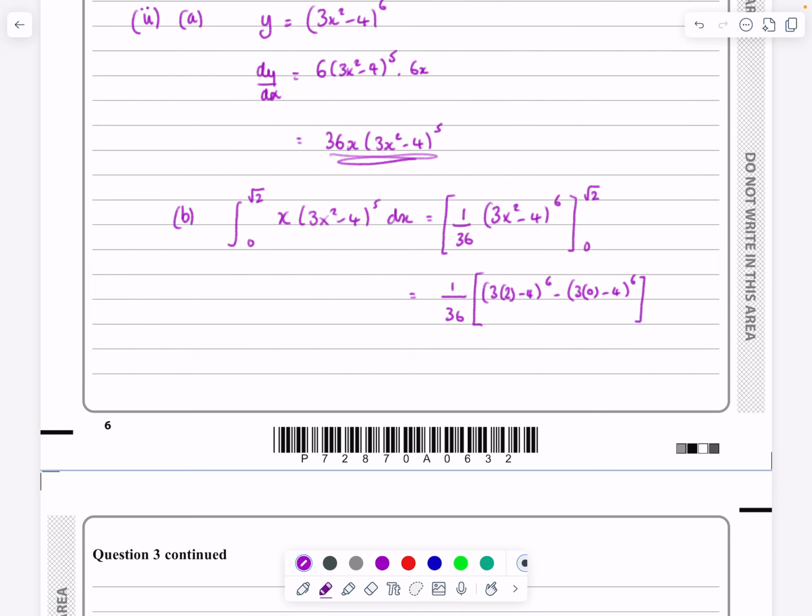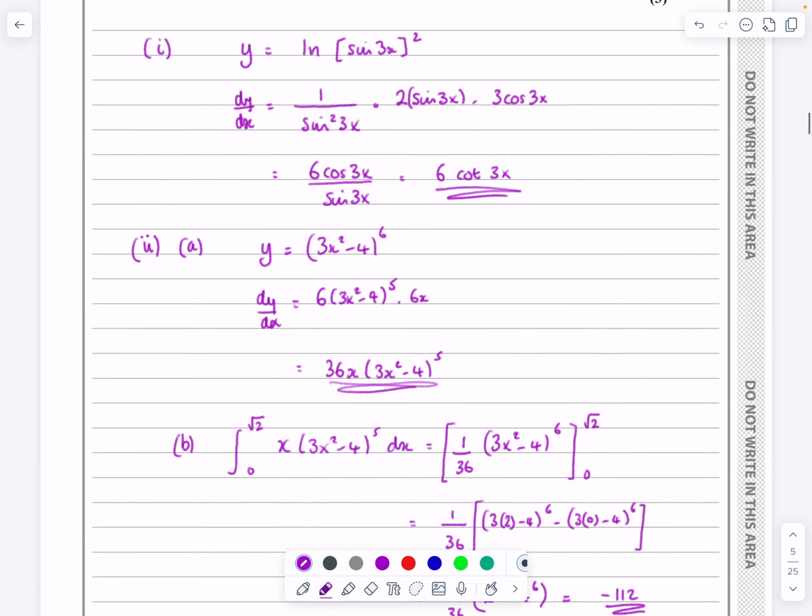You can do that on the calculator, or in your head if you want to. That's 1 over 36 lots of 2 to the 6 minus 4 to the 6. So that's going to work out to be minus 112 if you actually go through and calculate all of that.